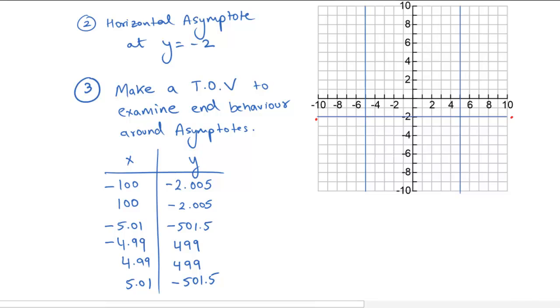At negative 5.01, I'm to the left of that asymptote. I'm going to be a really big negative number. I'm going to be on this side here, somewhere along the way. This is telling me that my graph is sort of in this region right here. Similarly, at negative 4.99, I'm at a really big positive number, so I'm going to be up here. At positive 4.99, I'm a really big number. I'm going to be up here.